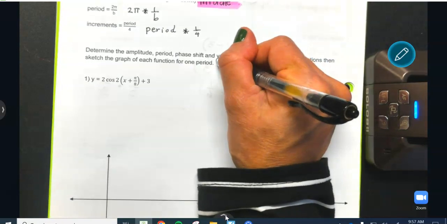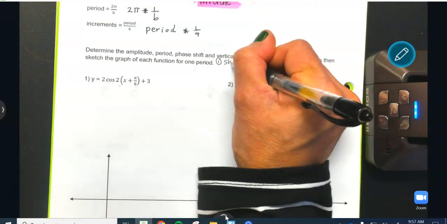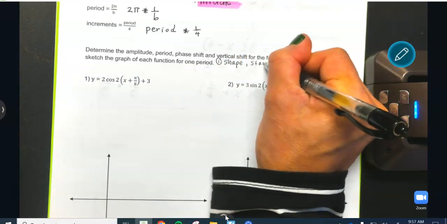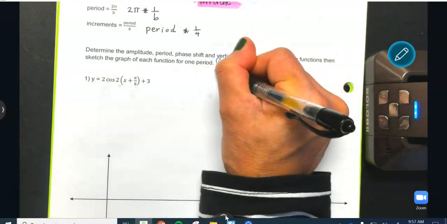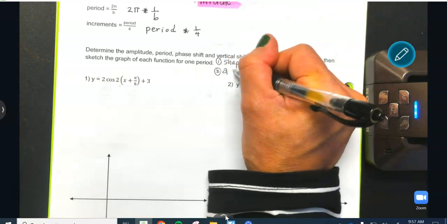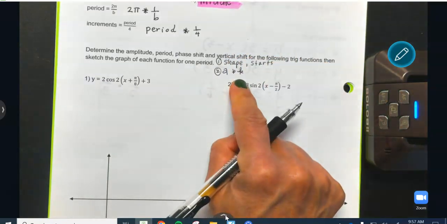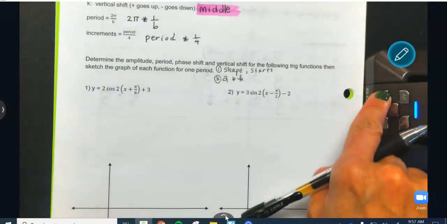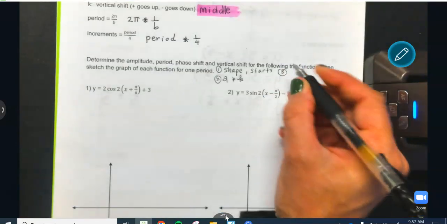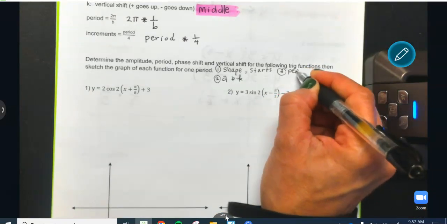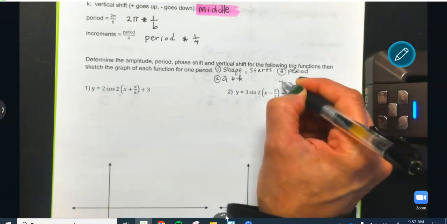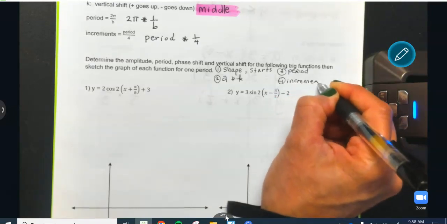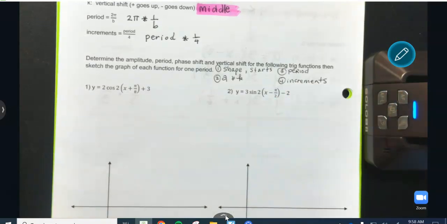We sketch the shape and write where it starts, then deal with the amplitude and the K value, which is important because it's the middle. Then we find our period, then our increments, and then we graph it.